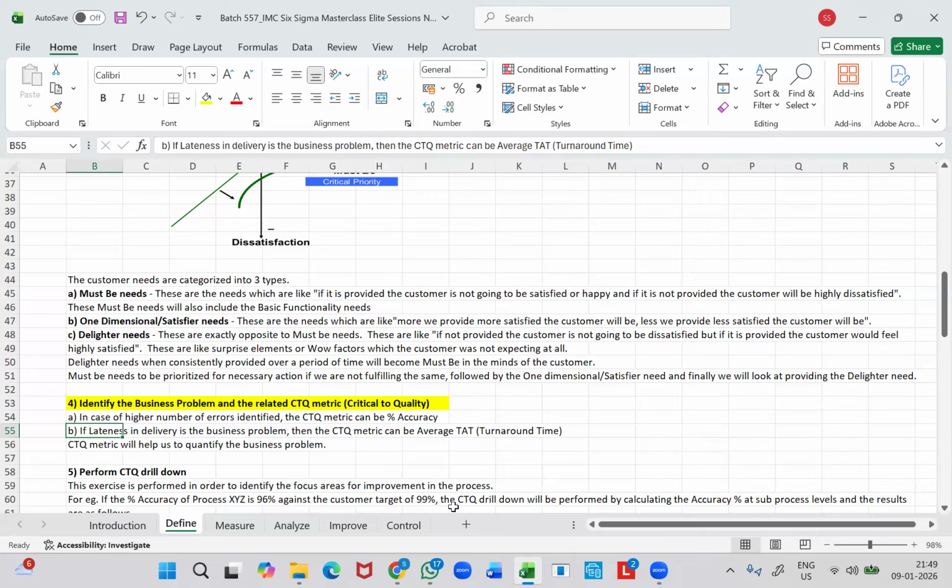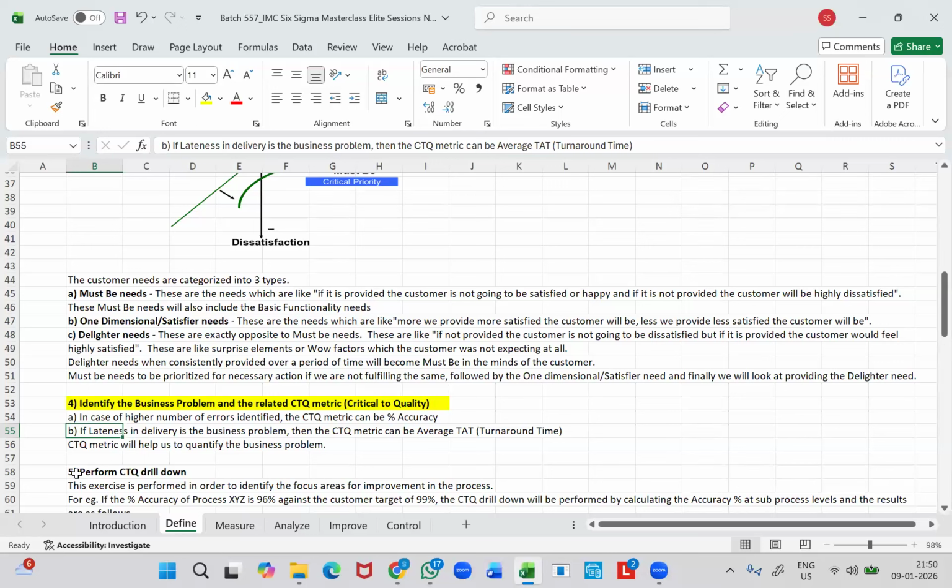So depending on the business problem that you would want to prioritize, we can arrive at the related CTQ metric for that business problem, which would help us to quantify that business problem in numerical terms. In other words, we will be able to understand how big the business problem is, right? So CTQ metric will help us to quantify the business problem.